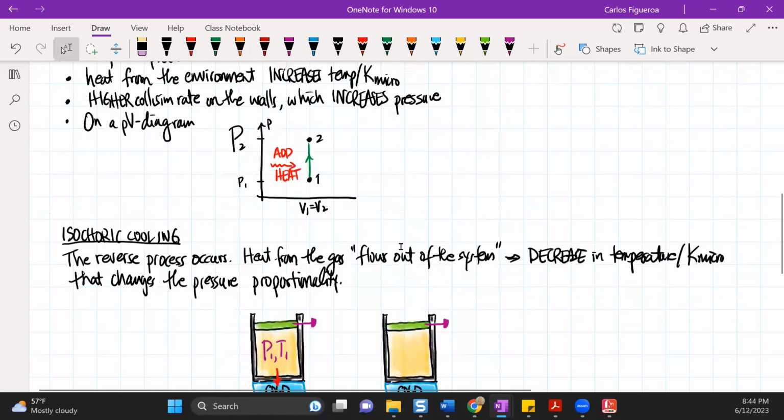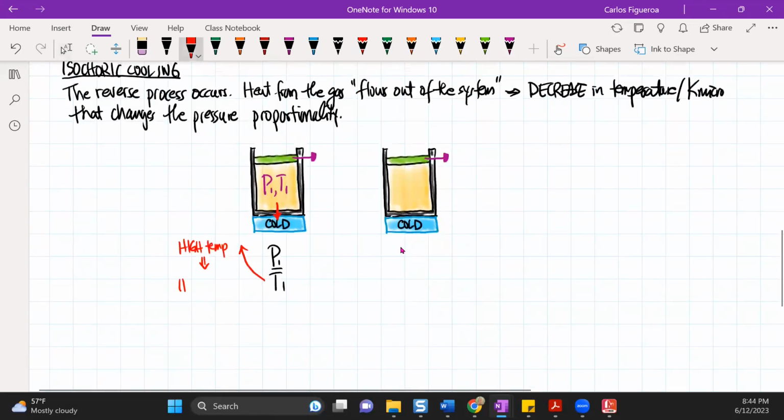Yeah, I have a higher kinetic energy. So therefore, I'm going to have more collisions with the walls. So now as heat moves from the gas to the cold source, we're clearly removing heat from the gas.